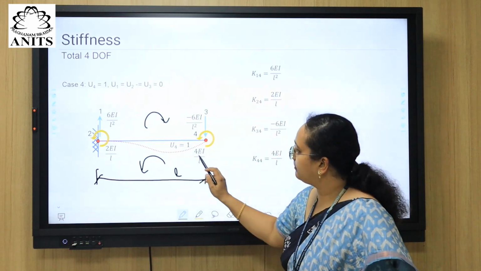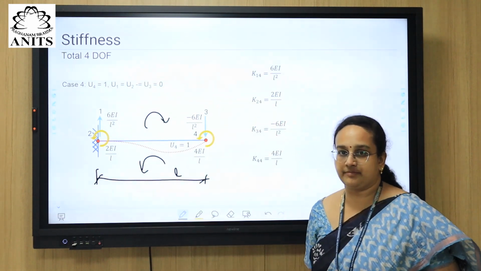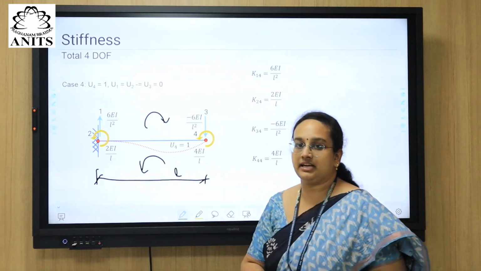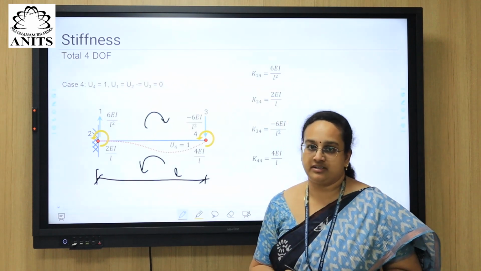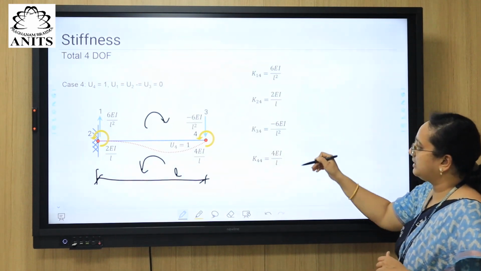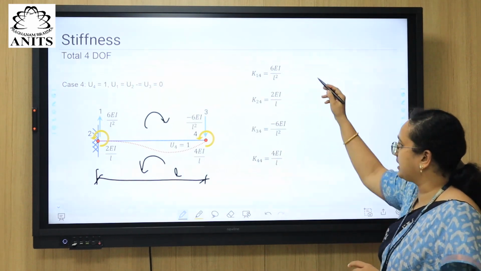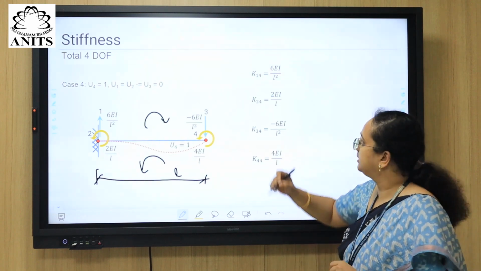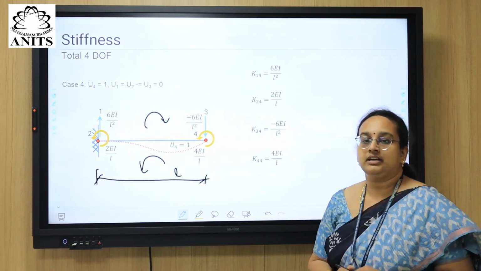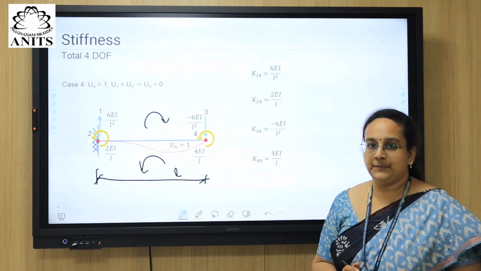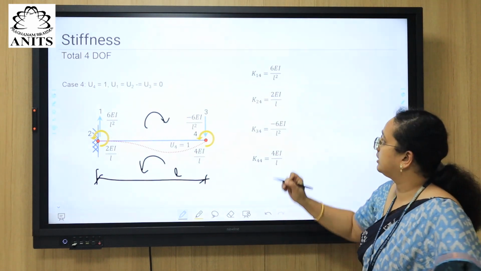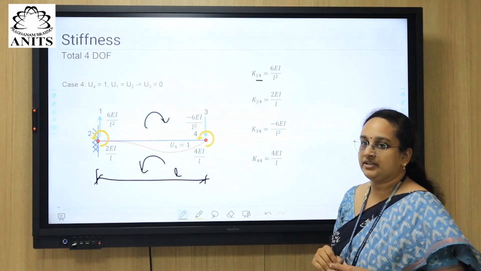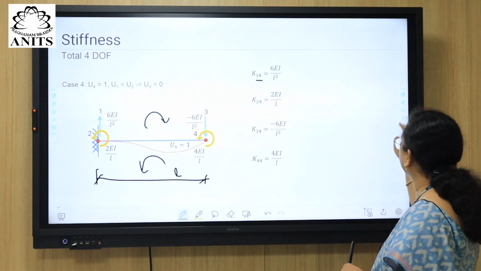So the total anti-clockwise moment that is getting developed is 4 plus 2, that is 6 EI by L, and hence clockwise moment should come 6 EI by L square, right? Similarly, we can formulate the stiffness column, right? K14, which is force in degrees of freedom 1 due to displacement applied in degrees of freedom 4, right? So this is Kij. Now here we have formulated that one.